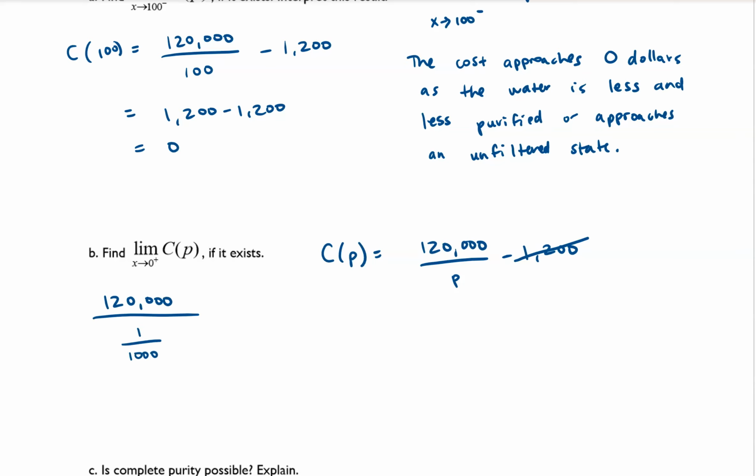The way that we would compute that is this is equal to 120,000 times the reciprocal, and that would be 120 million. So that would be the cost if we wanted the impurities to be 1 over 1,000%.